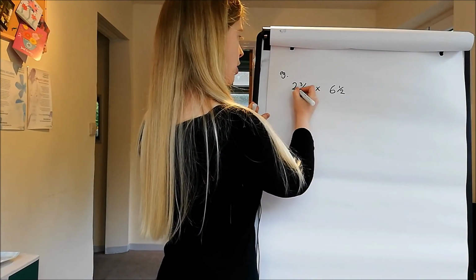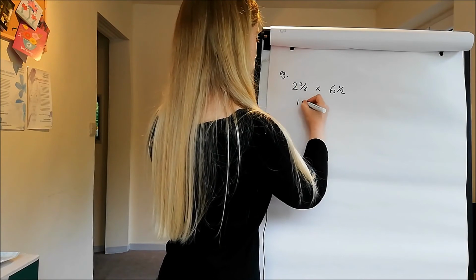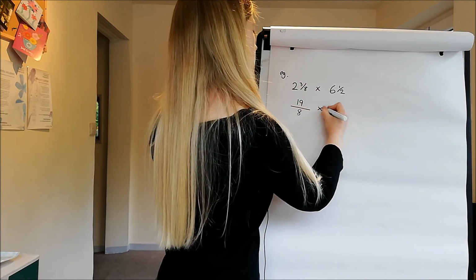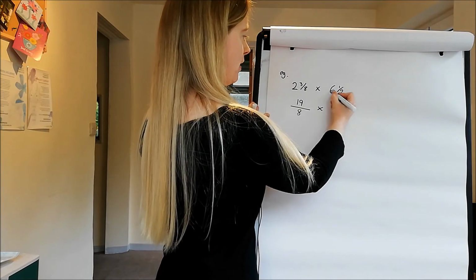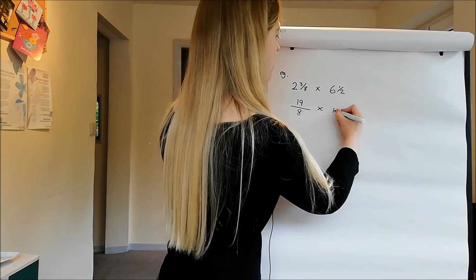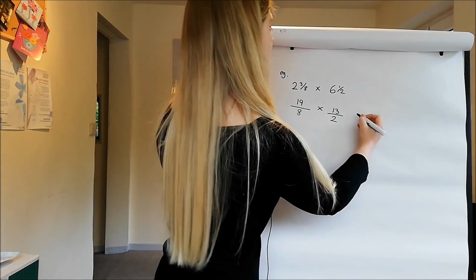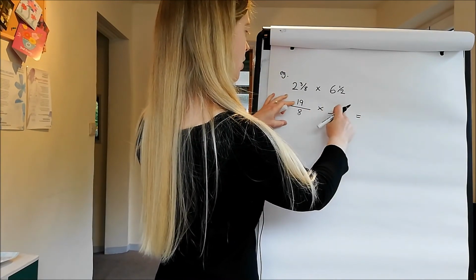So 8 times 2 is 16 and add 3 on makes 19/8. 2 times 6 is 12 and add 1 on makes 13 halves. And then I just times along the top.